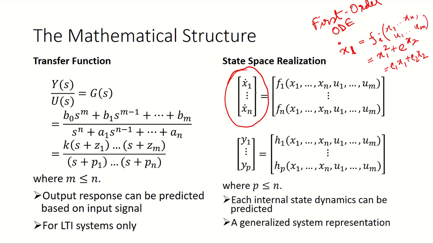Of course, this x1 dot or x dot as such, what does x dot mean? Any variable, if you take a dot, what does it mean? It gives the knowledge of its velocity. If that variable is a position, then its dot represents its rate of change with time, so we can term it as velocity.